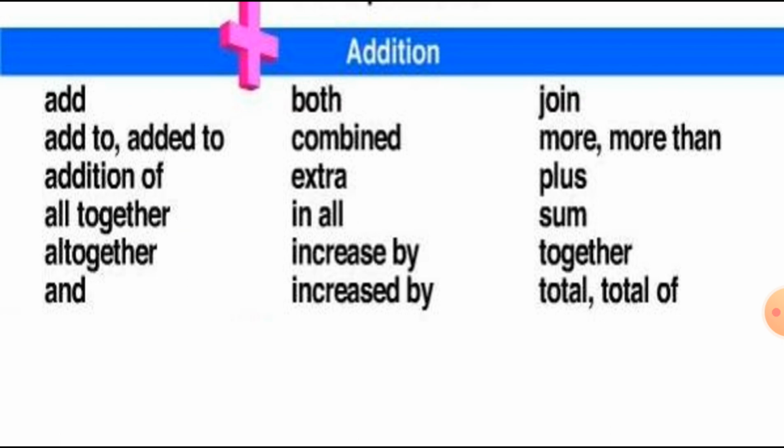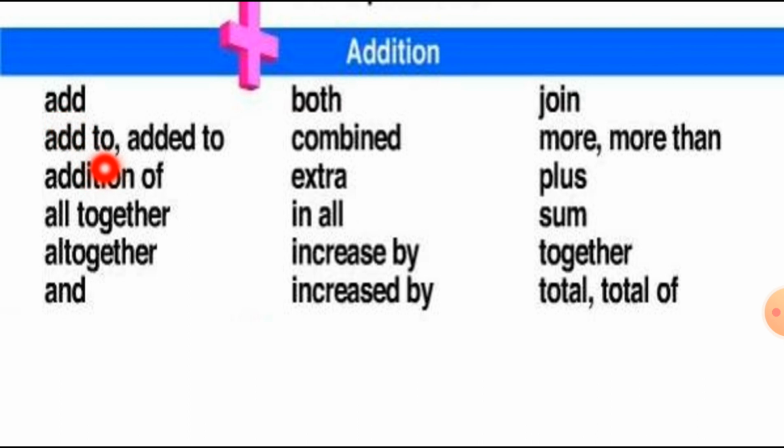Here are the keywords of the addition. This sign is the addition sign, and all of these are the keywords of the addition, which indicate we are doing the addition operation with this sum. So first is add. Whenever you find this word add in the word problem, it indicates the addition.